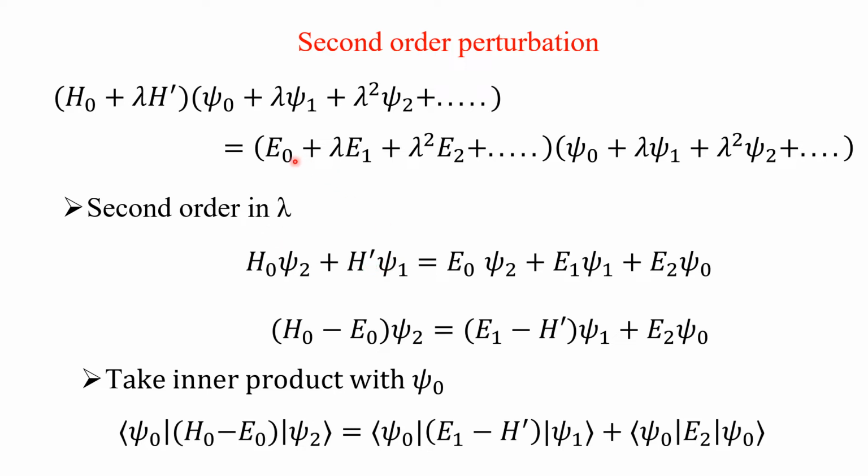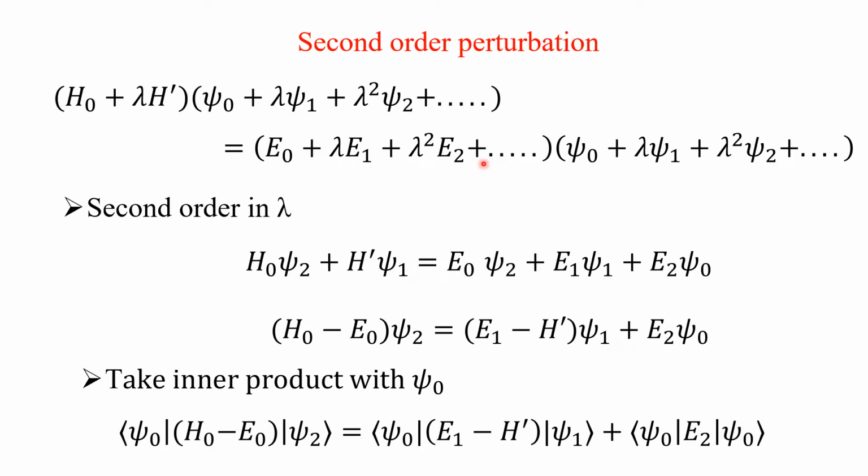Similarly, you look into the right hand side. Here E naught, you multiply with lambda squared psi 2, so you get E naught psi 2. Similarly, if you multiply lambda E1 with lambda psi 1, you will get lambda squared, so that is E1 psi 1.